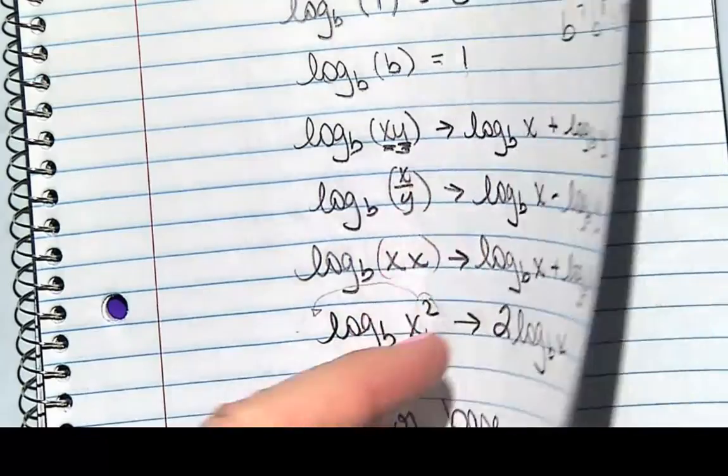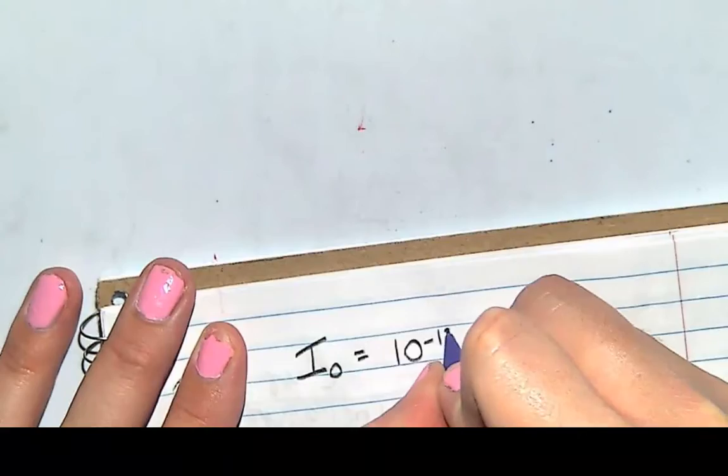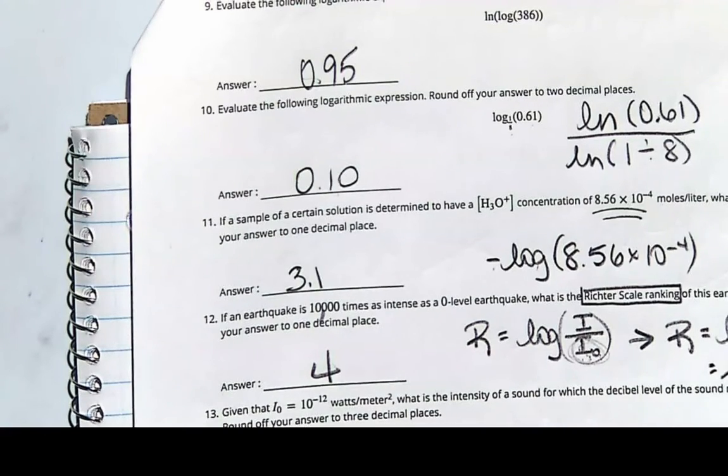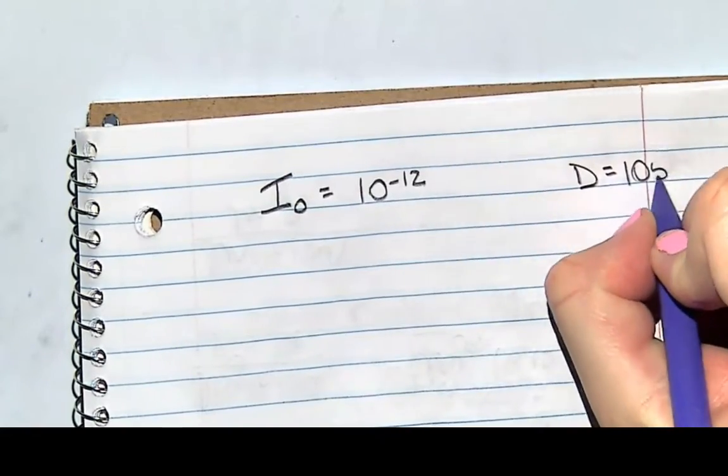So I have given that I sub O is 10 to the negative 12 watts per meter squared. What is the intensity of a sound for which the decibel level of the sound measures 105? Okay, so I'm given that the decibels is 105.